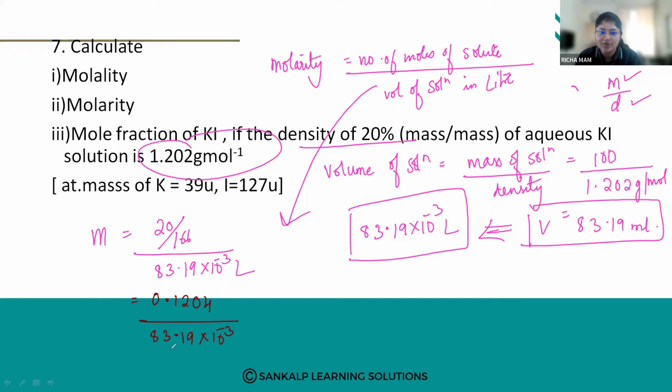So it comes to 0.00144 into 10 raised to 3. If I shift the decimal, the answer comes to 1.44 mole per liter. So everybody got the same? Just check. Okay. Yes, Suraya, correct. Good.